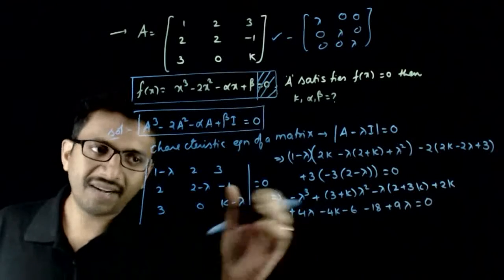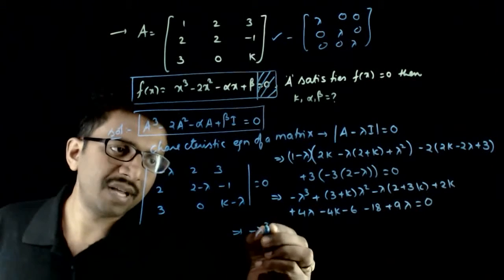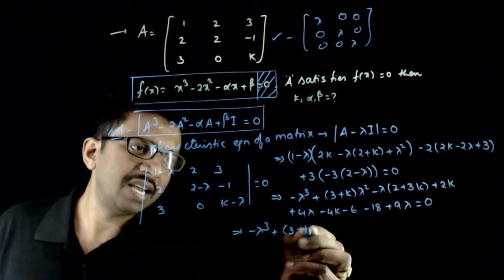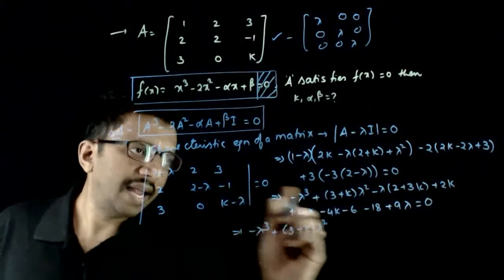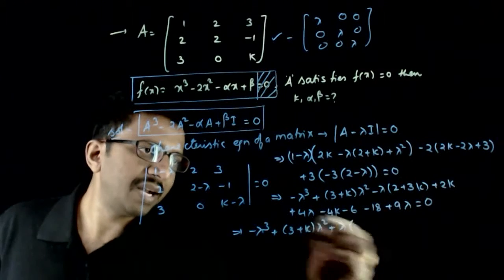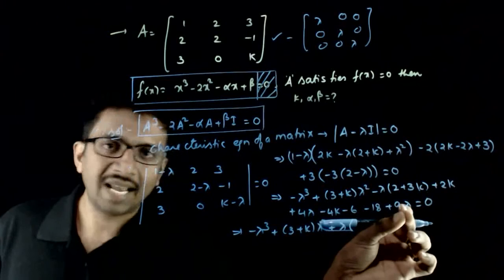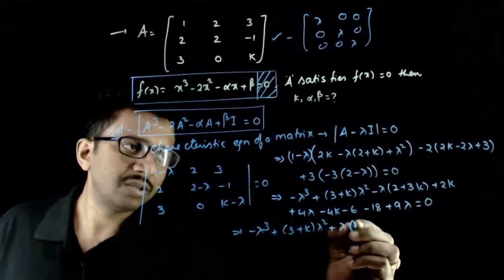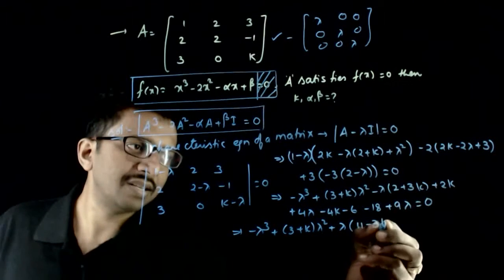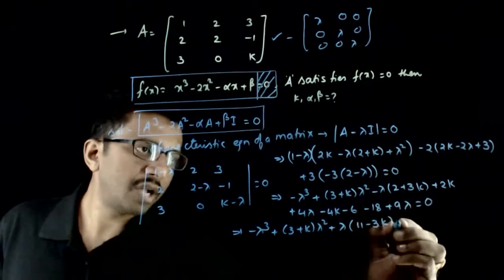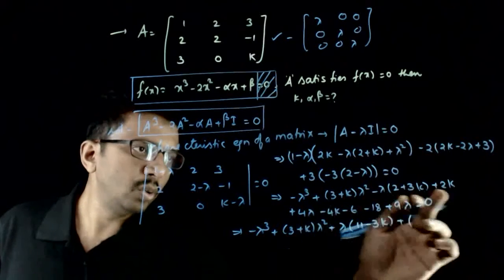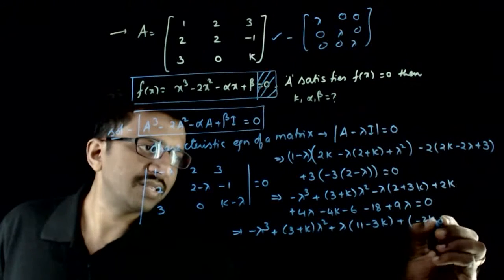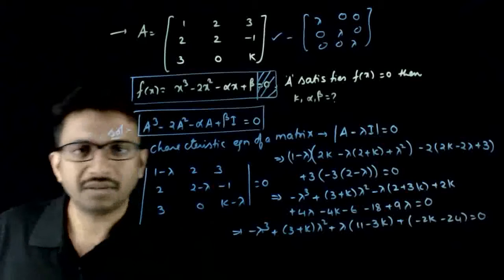Effectively, if you write it in a general way, you get minus lambda cube, plus 3 plus k times lambda square, and with lambda you have 4 lambda plus 9 lambda is 13 lambda, so you have 13 minus 2 minus 3k, that is 11 minus 3k. And the constant term is 2k minus 4k, which is minus 2k, minus 18 minus 6 is minus 24, equal to 0.